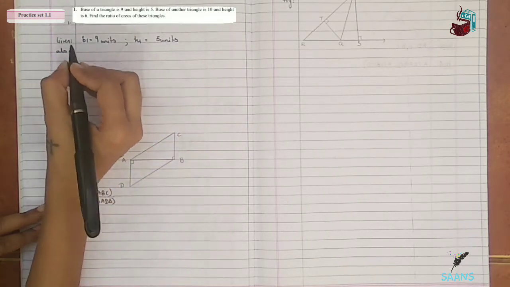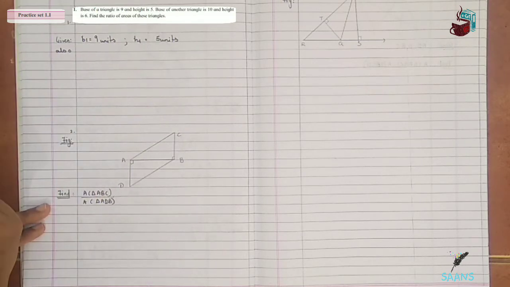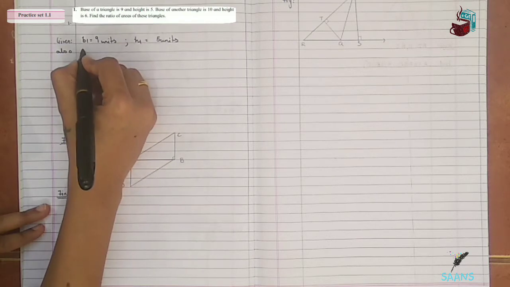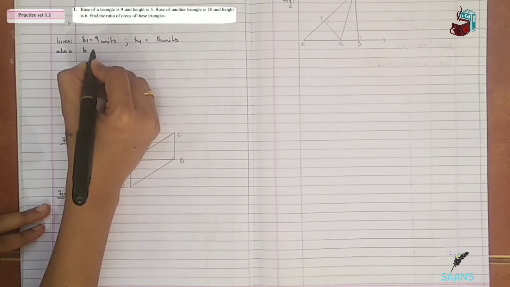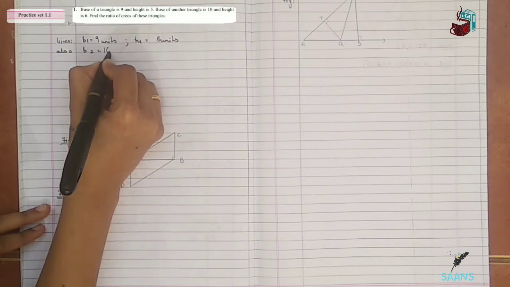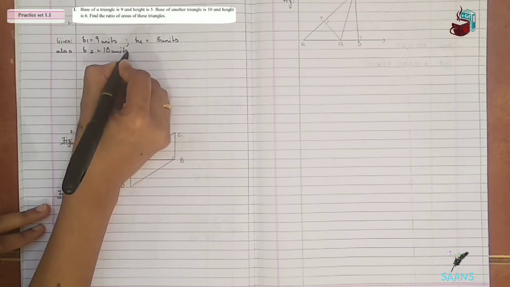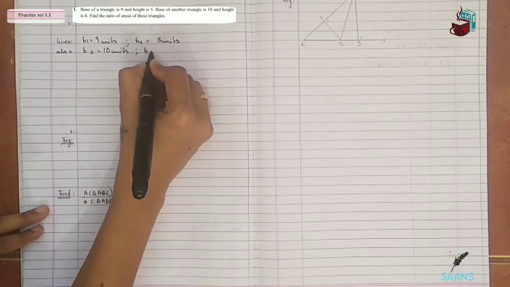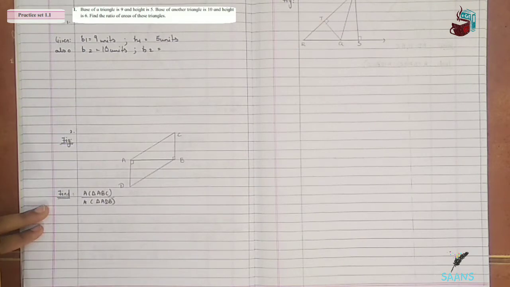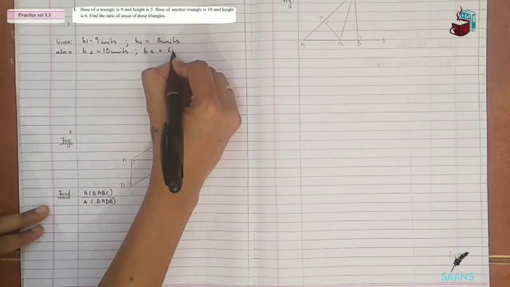Also, let's see what is given. Base of another triangle is 10 and height is 6. B2 is 10 units and H2 is 6 units.